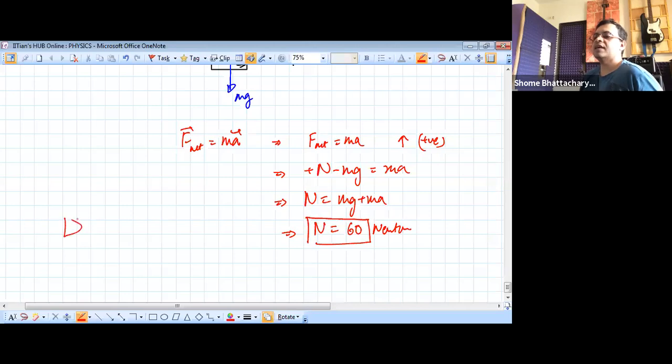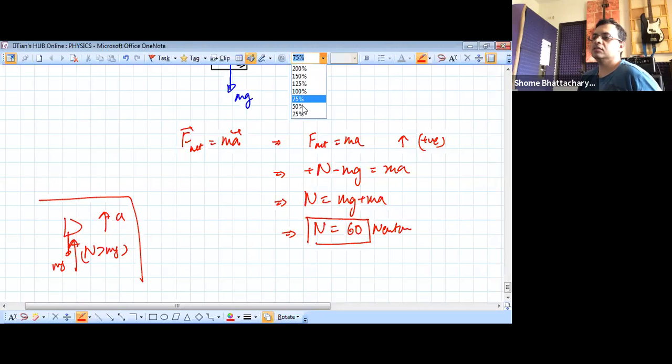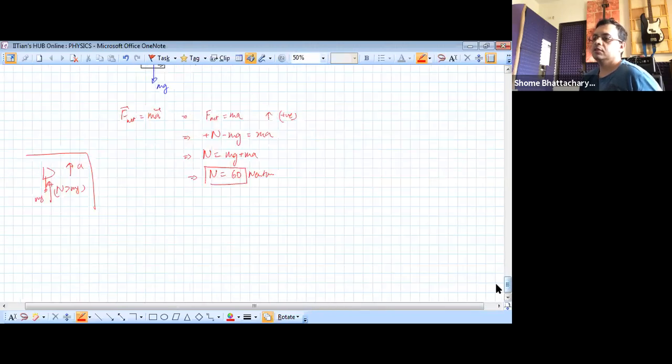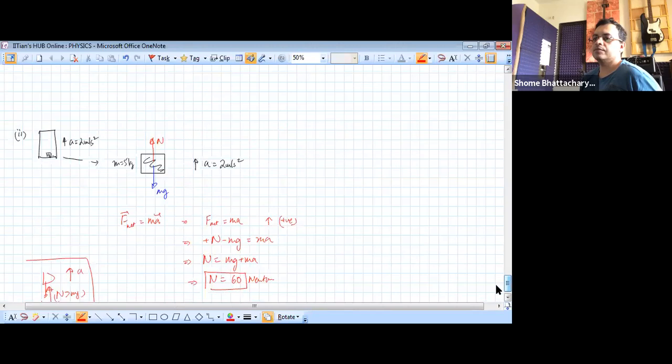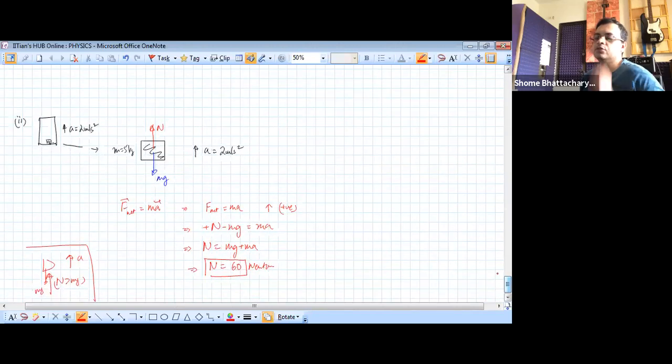Because the block is accelerating upwards now, this pushing force has to be larger than mg. What is pushing it upwards is a normal reaction. It has to exceed the weight. That's the concept over here in this case. So hope it is clear to all of you why in this case the normal reaction exceeds the weight. It becomes mg plus ma. And based on this, now you can figure out the third case yourself, why it is becoming less than the weight.